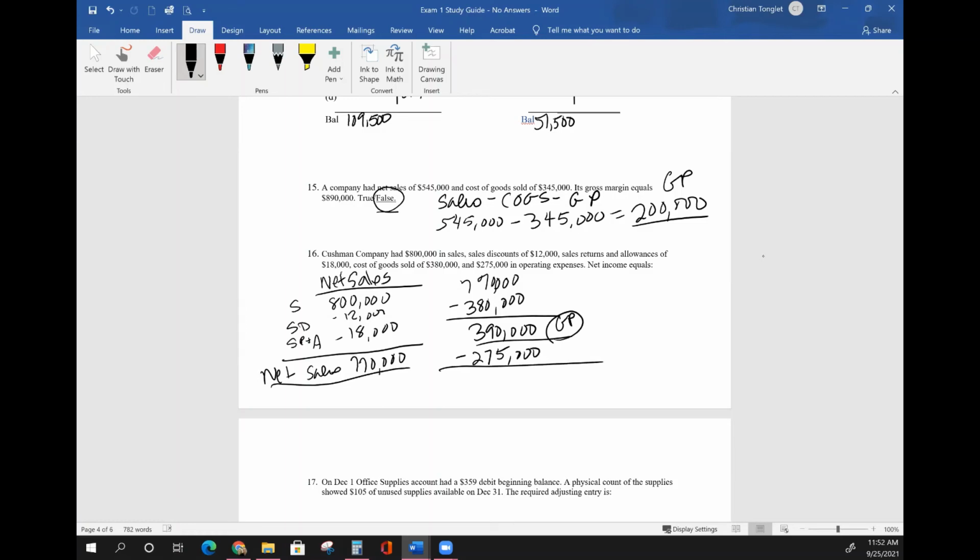Once I deduct my 275, I have my net income, 115,000. So I'm taking my net sales less my cost of goods sold, less my operating expenses, and that gives me my net income. Again, know these formulas so that if I said what is net sales, you can come up with that. If I said what's gross profit, you can give me that number instead of the net income.